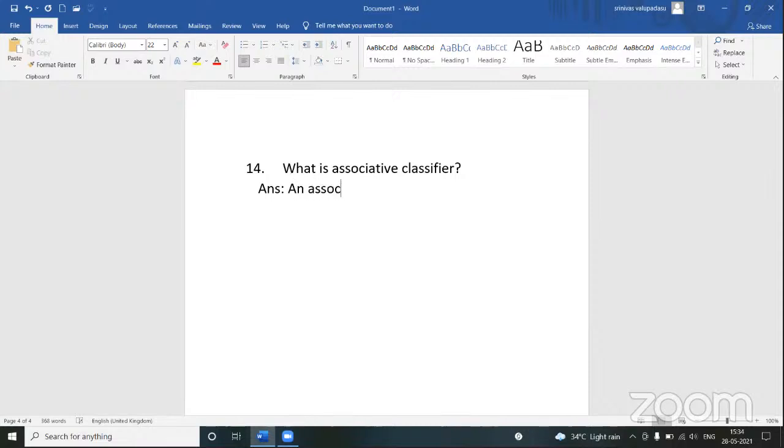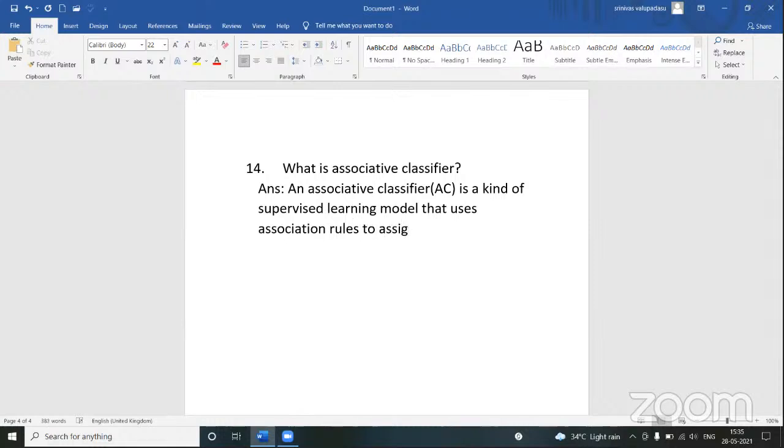So an associative classifier, you can write simply AC, is a kind of supervised learning model that uses association rules to assign a target value.